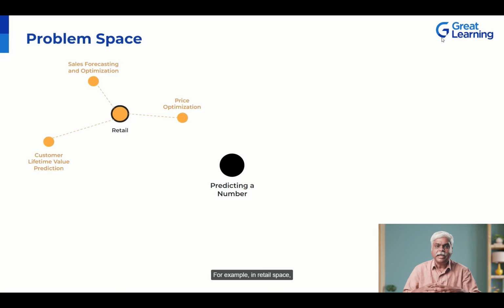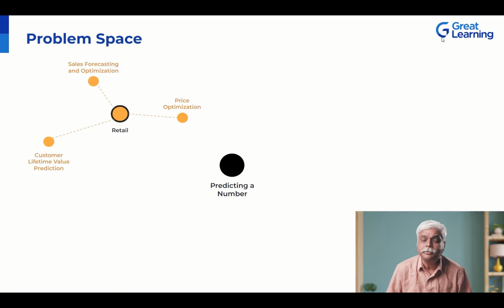For example, in retail space, when we are looking at variables that concern a retail prediction problem. So now what we need to do is understand what is the retail number that we are going after. For example, it could be sales. But sales depends on many things. And sales in turn could also influence many things.